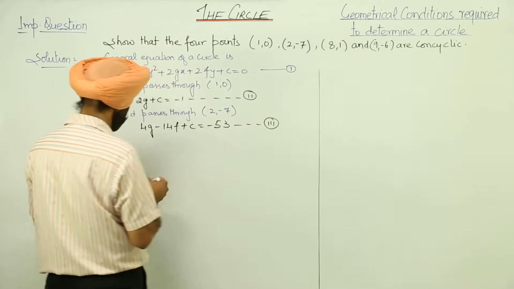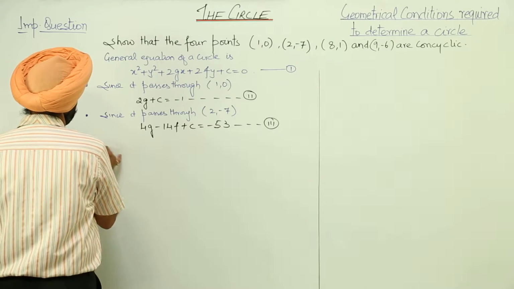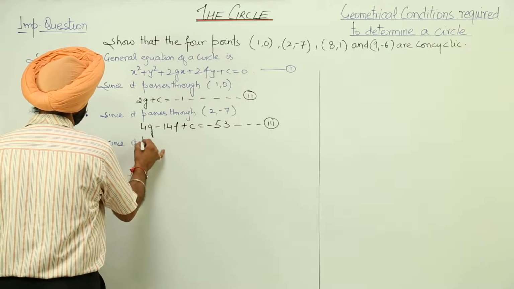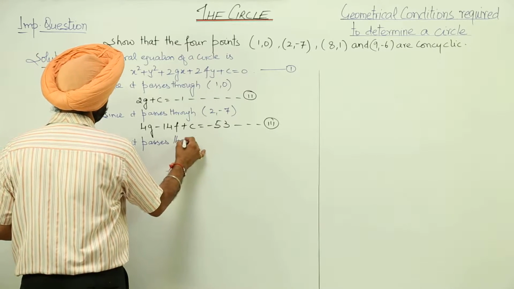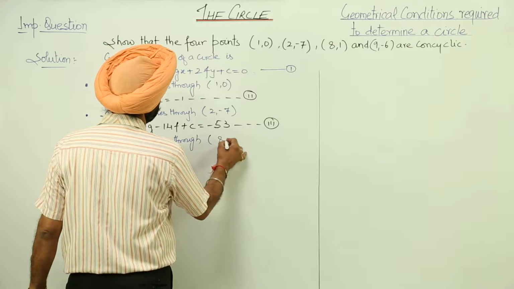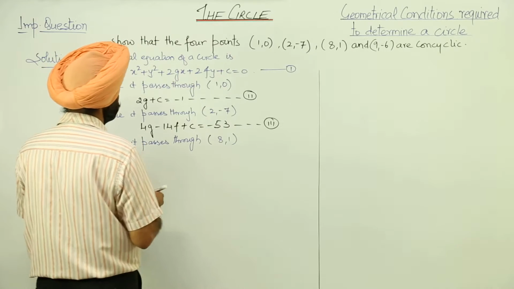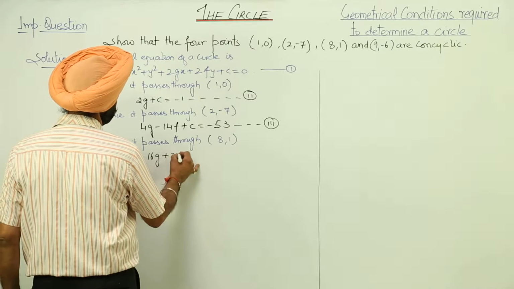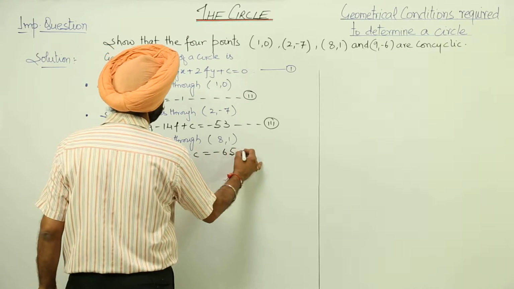Third equation. Next point is 8, 1. Negative of 65.